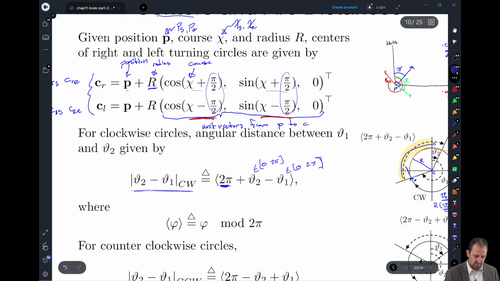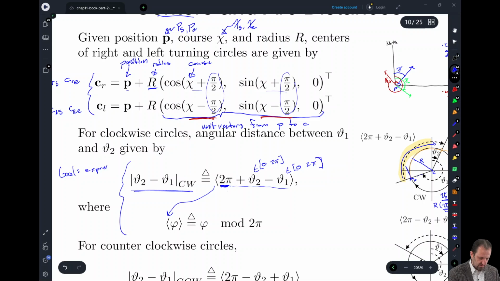Then we do this 2 pi plus that difference, and then we take a modulus. So this bracket is just the modulus of 2 pi.